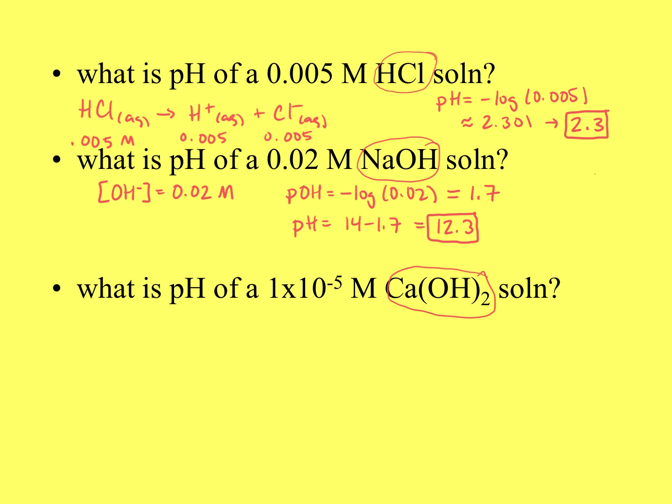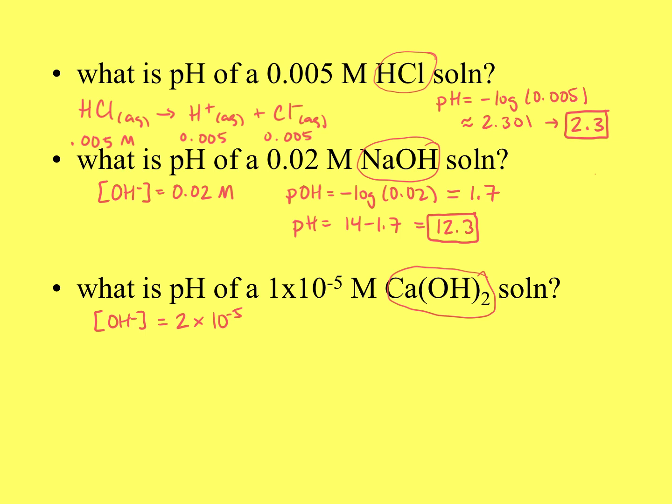Okay, now the next problem. Because for every Ca(OH)2 you're going to have two hydroxide ions, the hydroxide concentration itself is going to be 2 times 10 to the negative 5th.